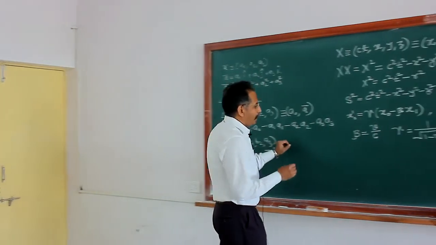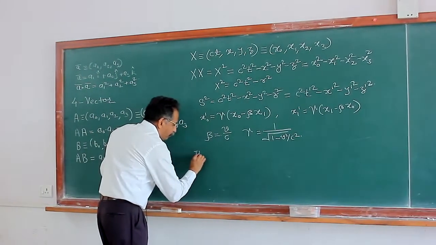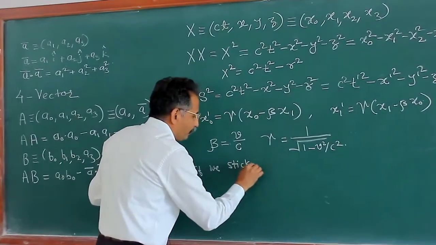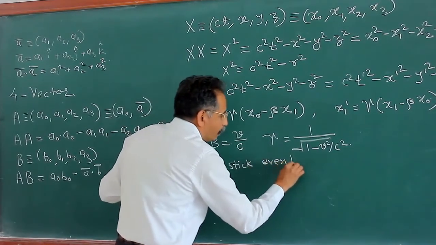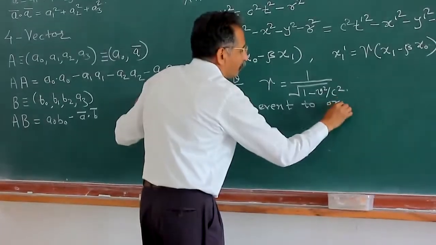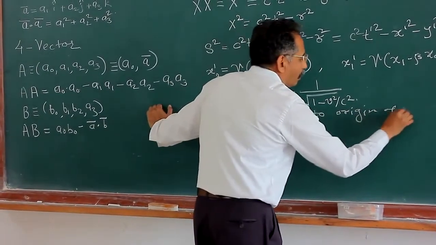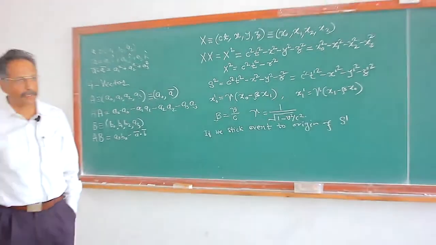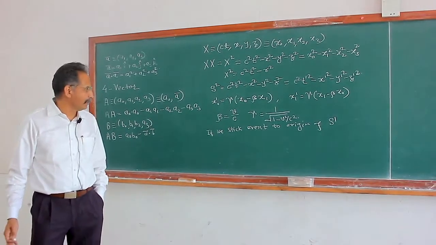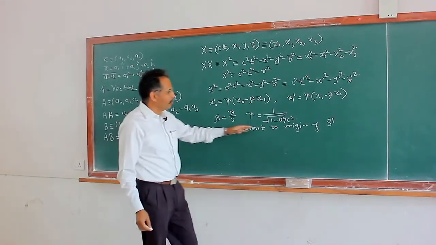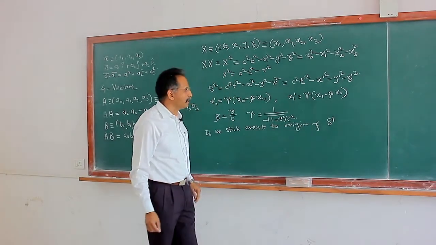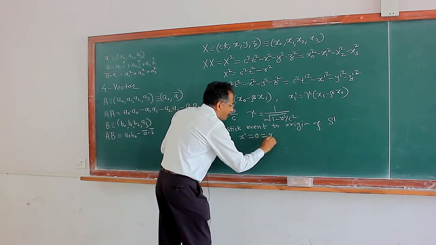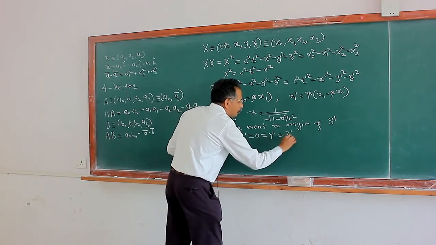Now, the argument is that if we stick our event to the origin of inertial frame S dash, which is moving with velocity v with respect to frame S, then x dash is equal to 0, y dash is equal to 0, and z dash is equal to 0.